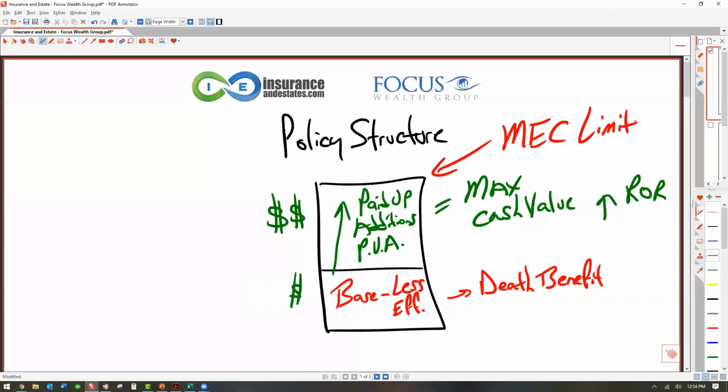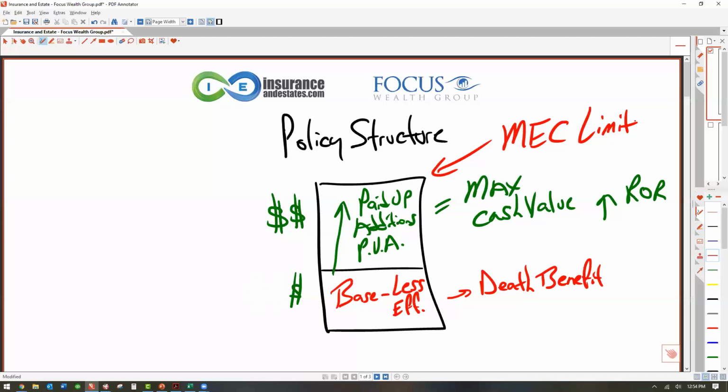And if you ever wanted to put more money into that policy and not cross the MEC, we simply suggest you start another policy. But the goal is to get right up to the MEC limit, not cross it, so that all your cash value growth is tax advantaged, hopefully tax-free if you've done it correctly. So now you have tax-free money throughout your life and a supplemental tax-free retirement income stream.